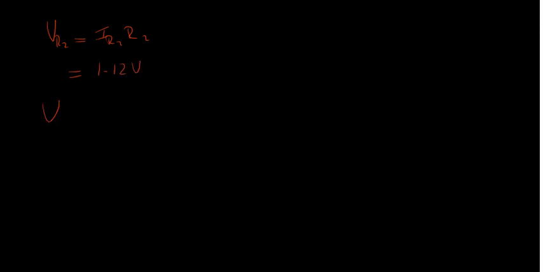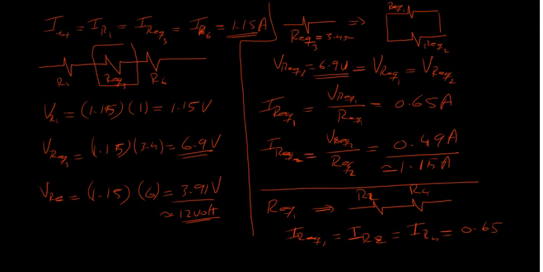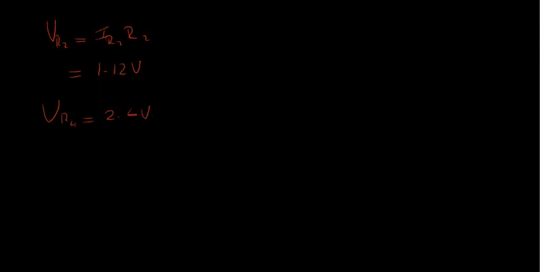For the voltage across R4, again, it's the same current, 0.65, multiplied by resistor 4, which is 4 ohm, and that will give me 2.6 volt. All right, and if I add these two voltages together, they should give me back the original voltage across them.